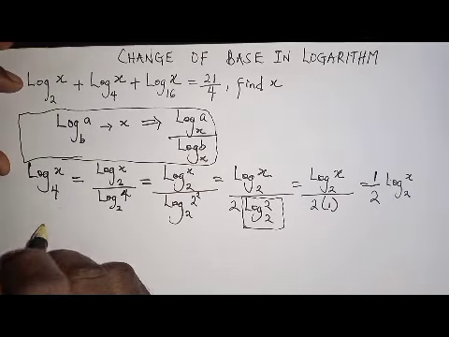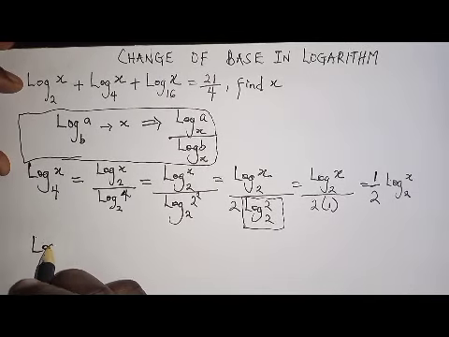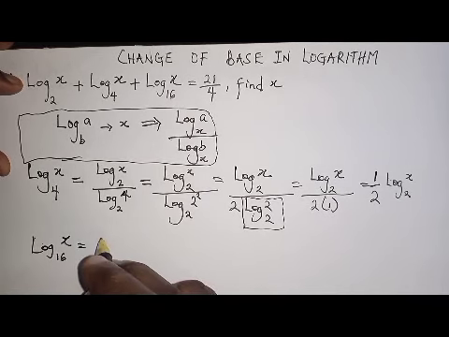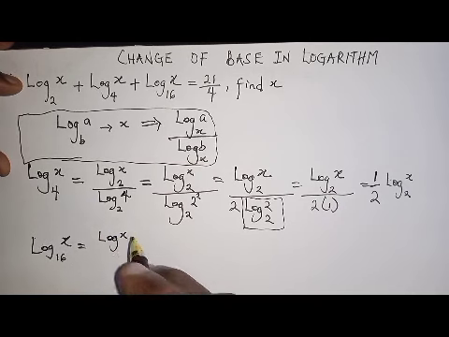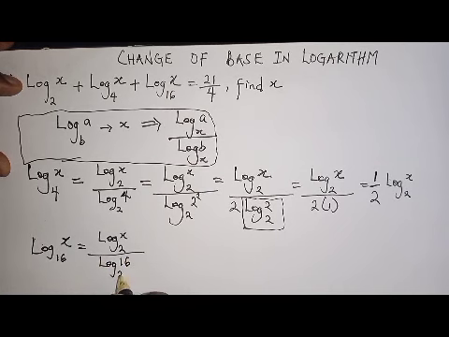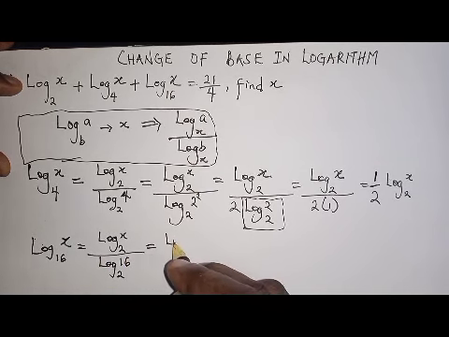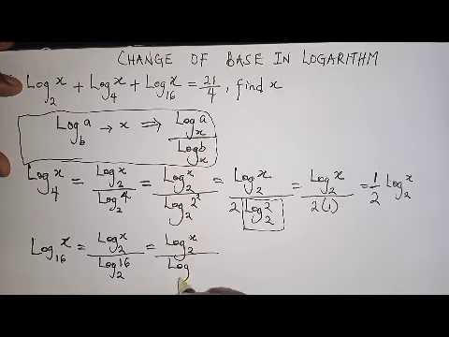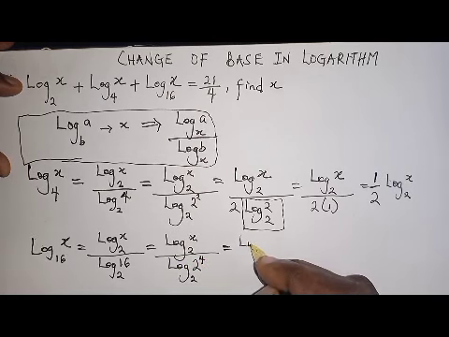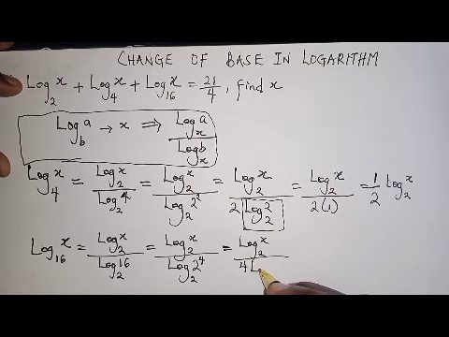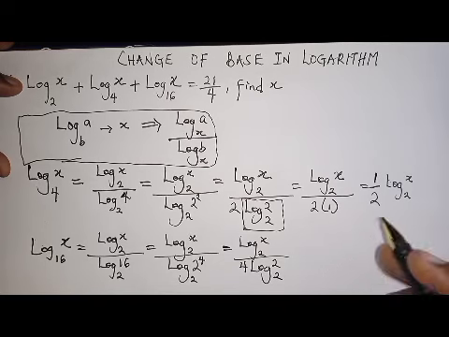Then I'm going to do the same for log X in base 16. Log X in base 16 is going to give me log X to base 2 over log 16 to base 2. That's log X to base 2 over log 2 raised to power 4 in base 2, which is log X to base 2 over 4 log 2 to base 2.